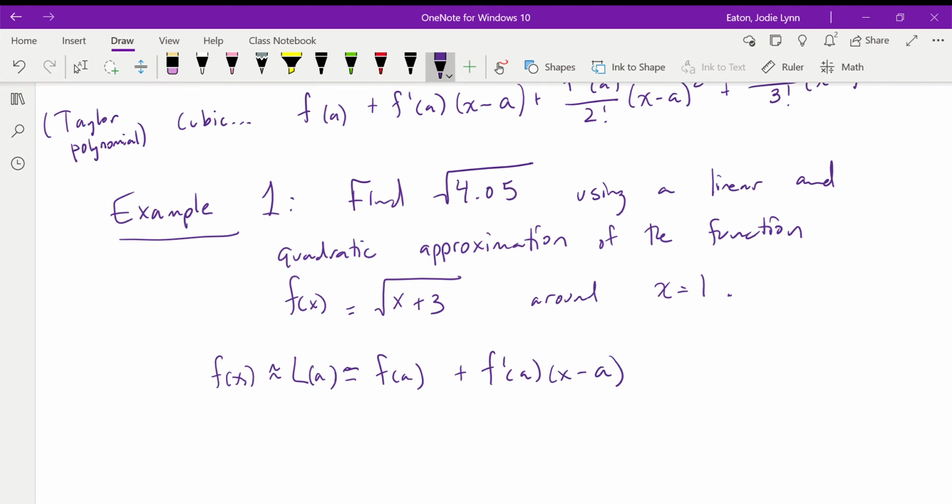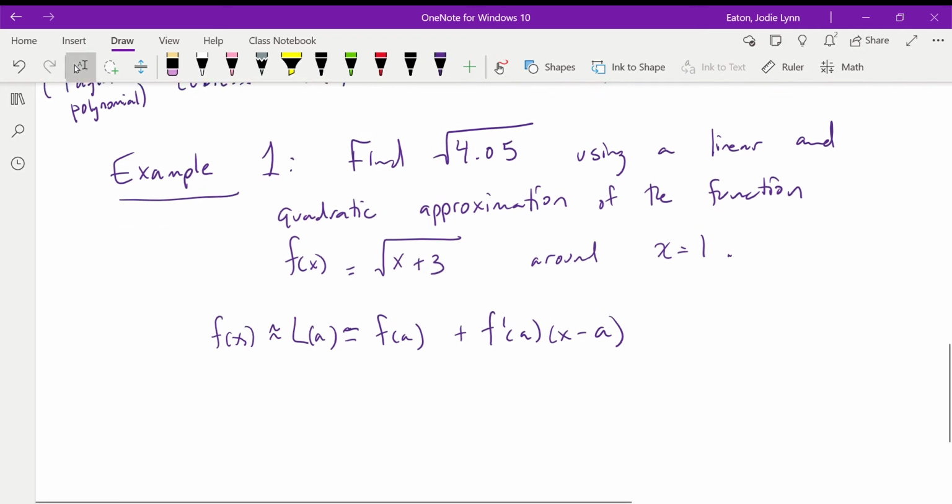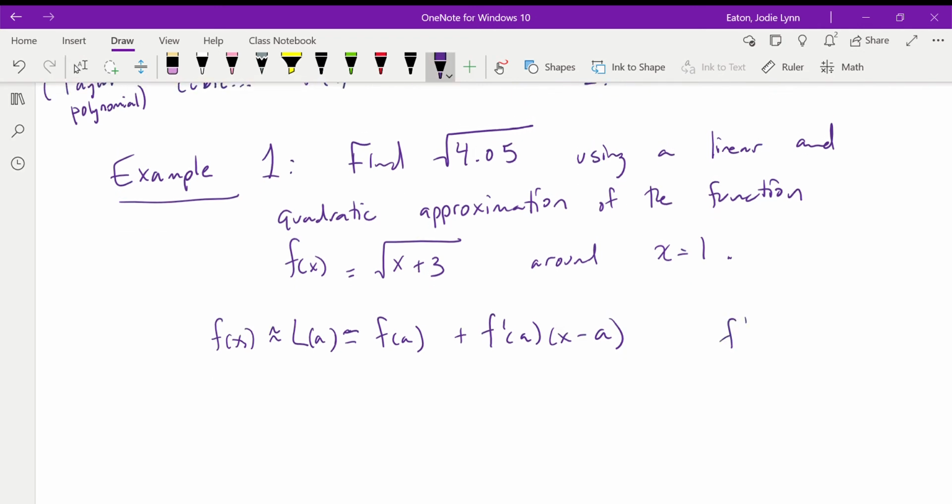Okay, so f prime of x, using the chain rule, we have 1/2 times x plus 3 to the minus 1/2. Inner derivative is just 1, so it's times 1.